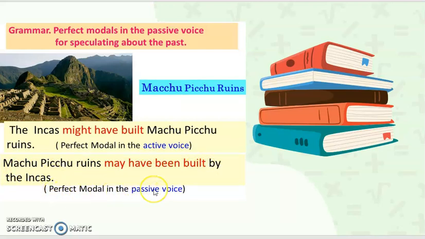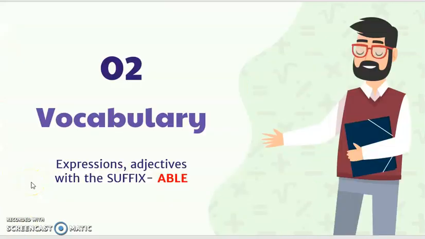The perfect modal in the passive voice. As you can see, by the Incas. We are focused on the Incas. Do you notice the difference? That is the structure that you have to follow. Amazing, guys. So now we are clear on what is happening in the active and passive voice.